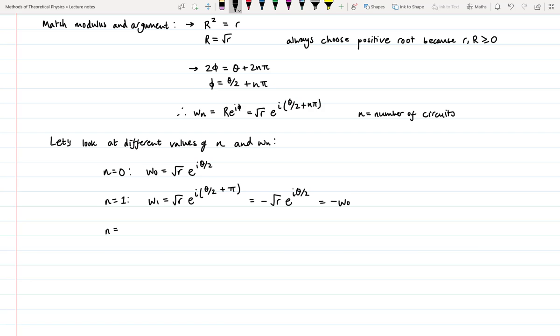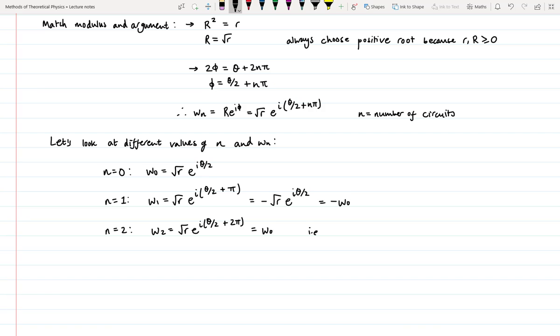Carrying on with increasing n, w2 is root r e to the i theta over 2, and we now have 2 pi. That factor of e to the 2 pi i is simply the number 1, and therefore we recover w naught.